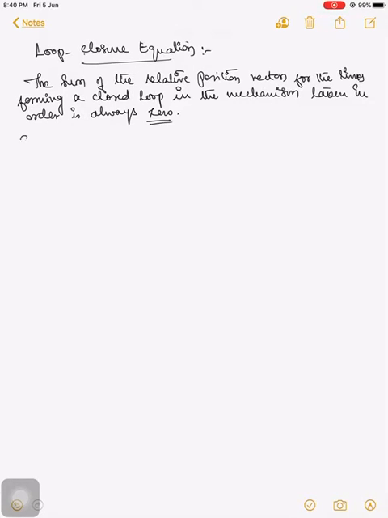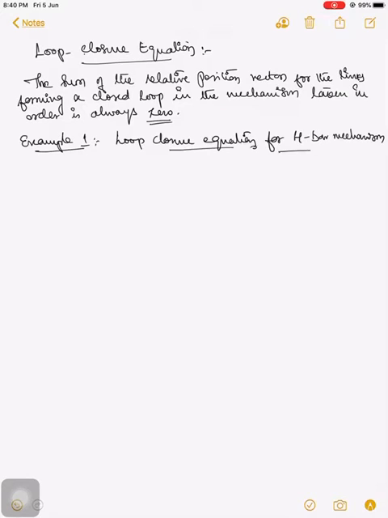So let us first consider example 1, that is loop closure equation for a 4-bar mechanism. Initially let us consider a Cartesian coordinate system as a reference system here.